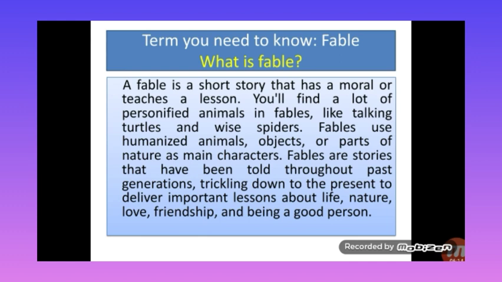Through these characters, the fable writer tells funny stories, and they are easy to remember, easy to recall. And these fables are stories that have been told throughout past generations, trickling down to the present to deliver important lessons about nature, love, friendship, and being a good person.